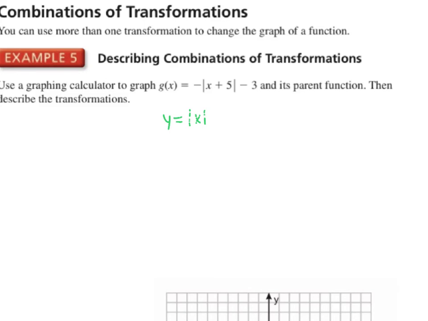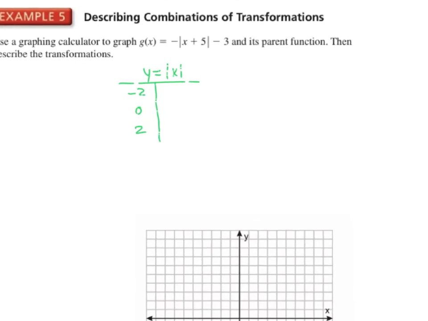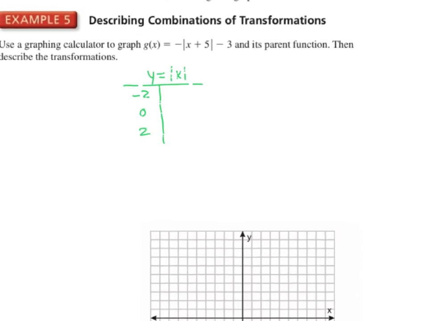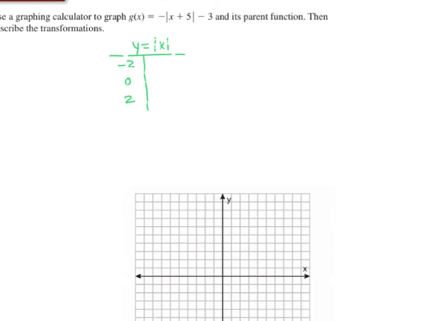Let's plug in -2, 0, and 2. So when we plug in -2 for x, what do we get for y? Positive 2. So remember, the absolute value of negative 2 is positive 2.